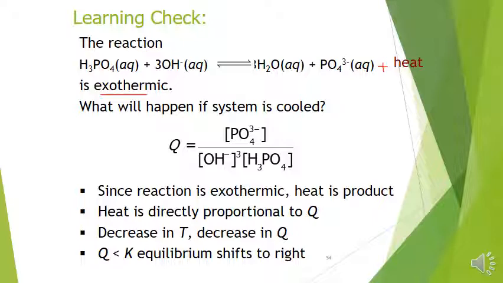Cooled means you're going to take away heat. So essentially what you could do is write heat up here on top, even though it's not part of the reaction. And if you remove this, Q is going to go down and the reaction moves to the right because there's less heat.